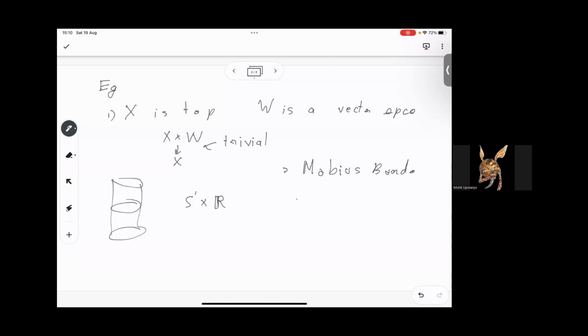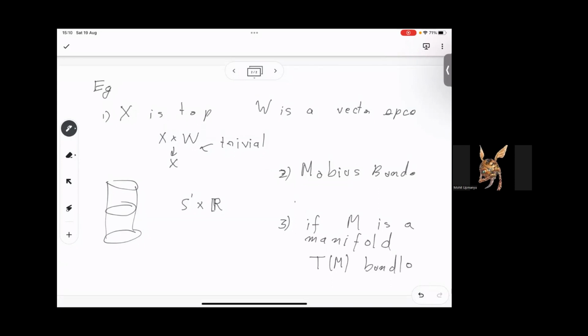and a third example that I would like to give, which could be trivial or non-trivial, depending on the situation, is: if M is a manifold, we have the tangent bundle of M, which is a more classical example.